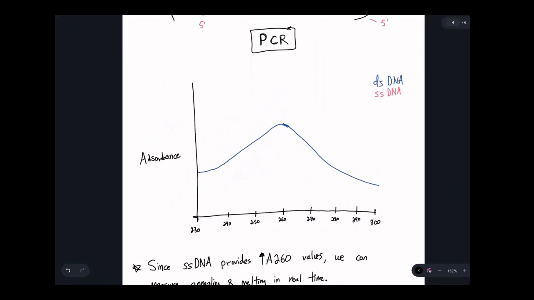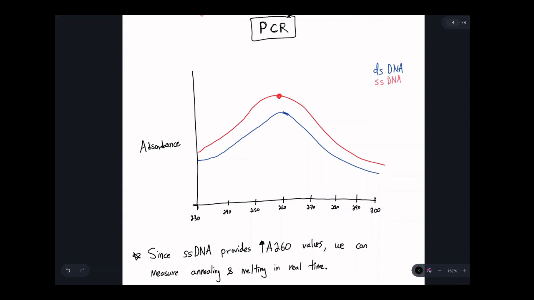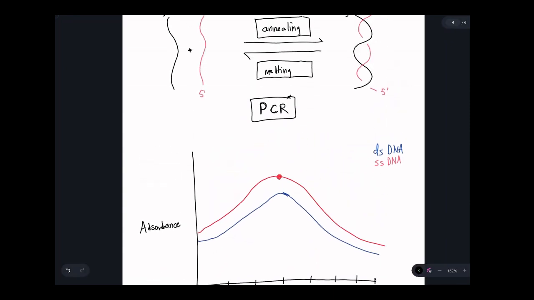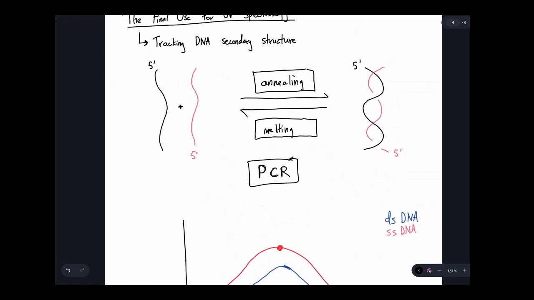Remember that single-stranded DNA provides a slightly higher signal. It still absorbs at 280, but there's a higher signal. When we go back to this concept of melting and annealing, at high temperatures, we can actually melt the two DNA sequences. They want to base pair, but at high enough temperatures, they're just going to be separate.